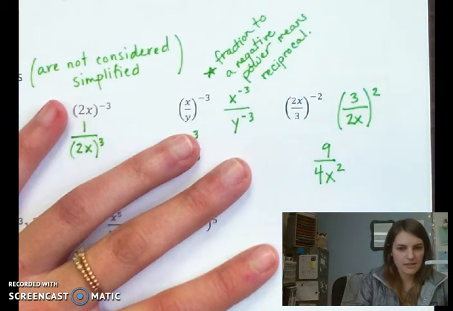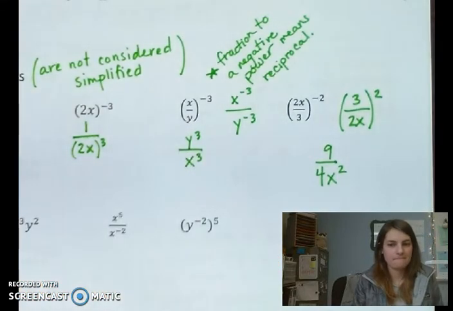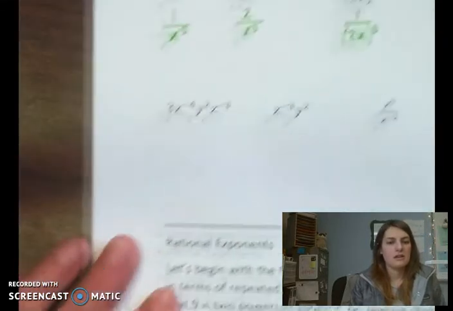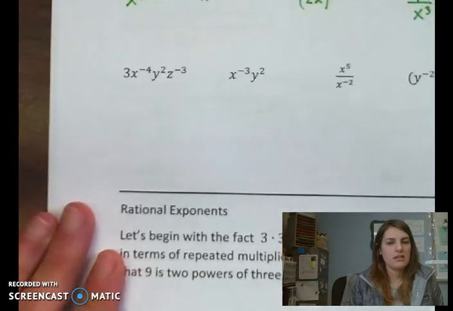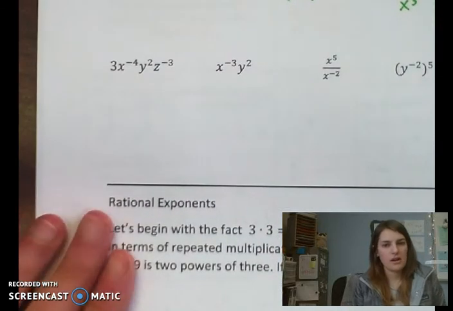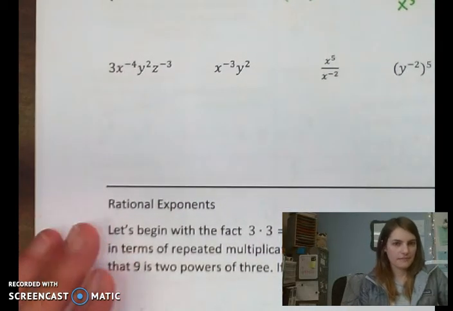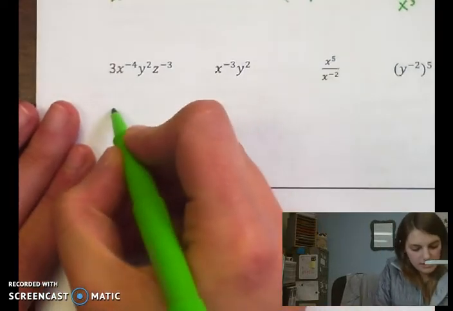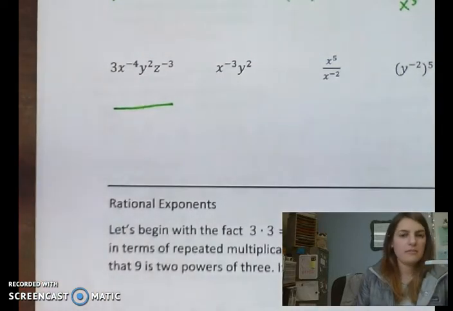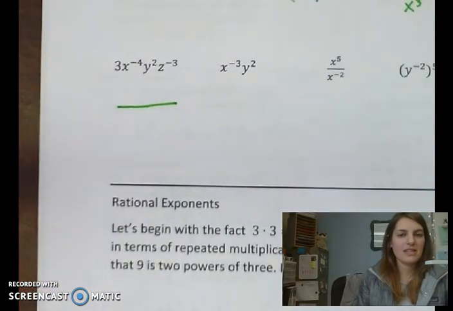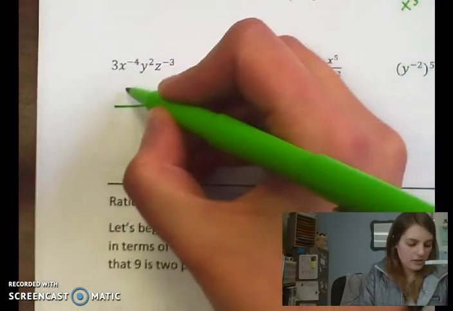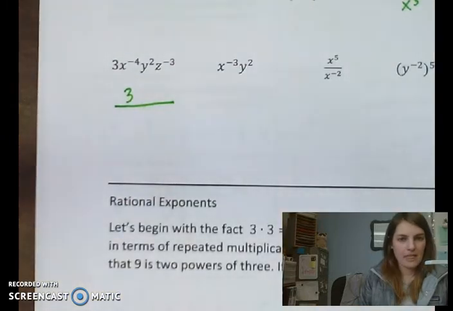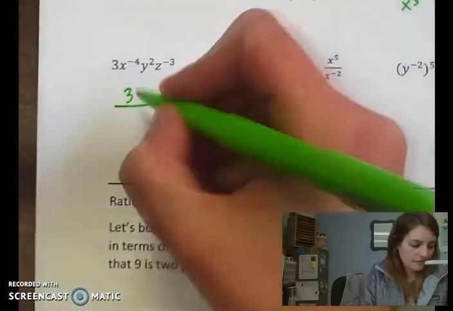All right, let's tackle the second row, and then we're done. 3x to the negative 4y squared z to the negative third. Well, I have some negative powers here that need to be simplified, but what stays in the top is the 3 and the y squared.